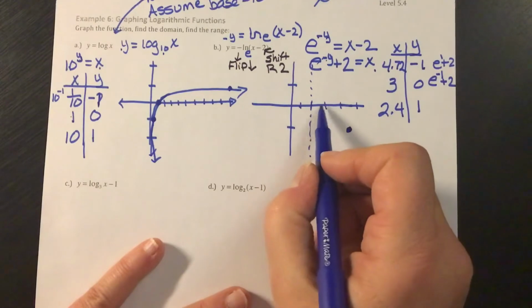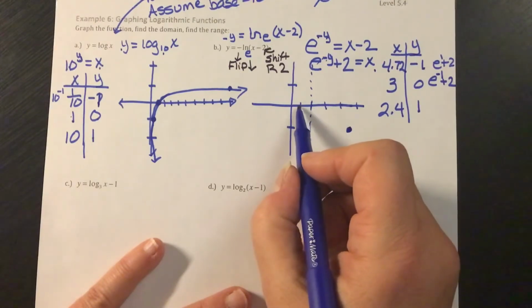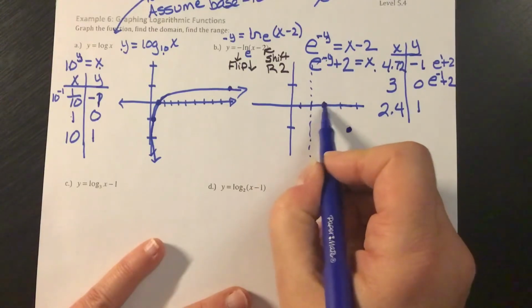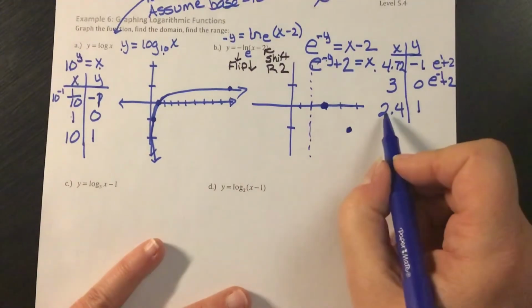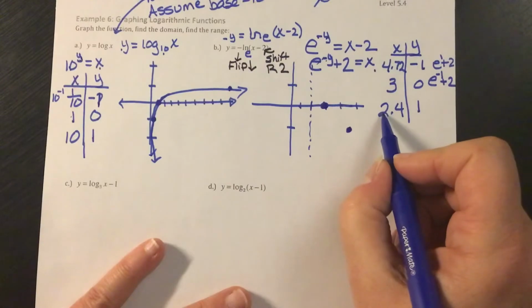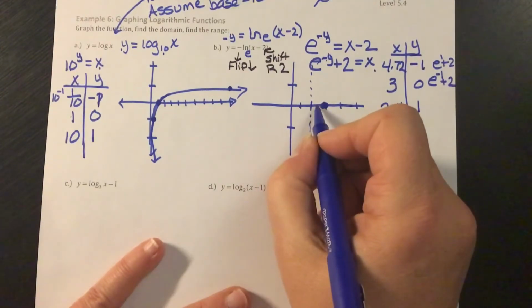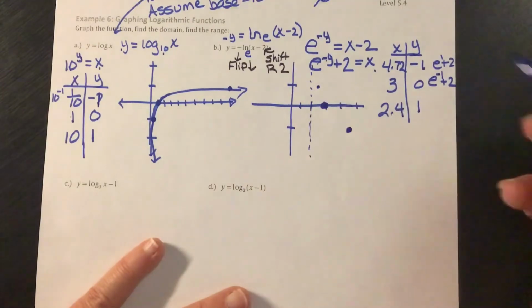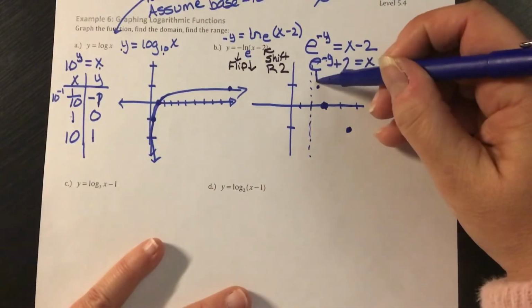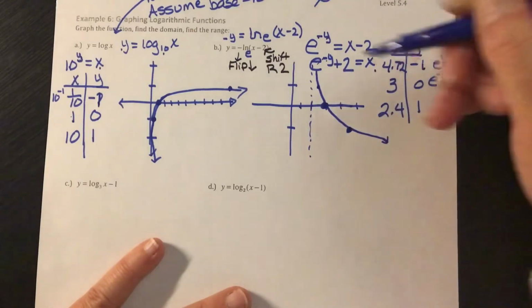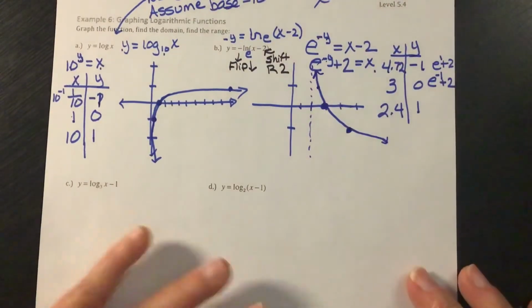So now my x-intercept isn't at 1, it's shifted over 2 units to 3. And then this tells me I have the x value of 2.4, 2.4 up 1. So my graph looks something like that.